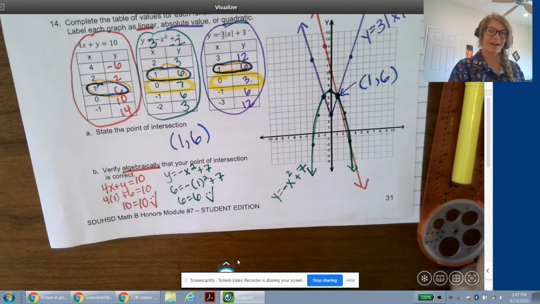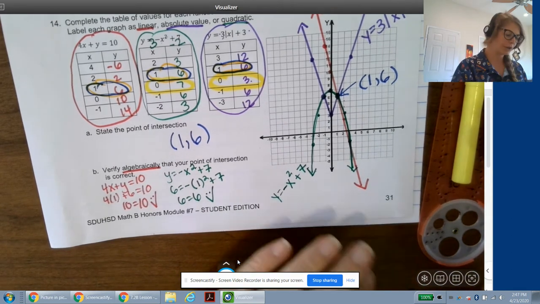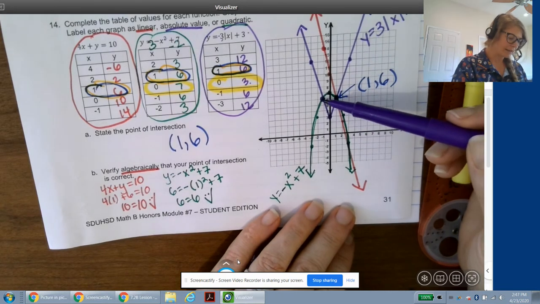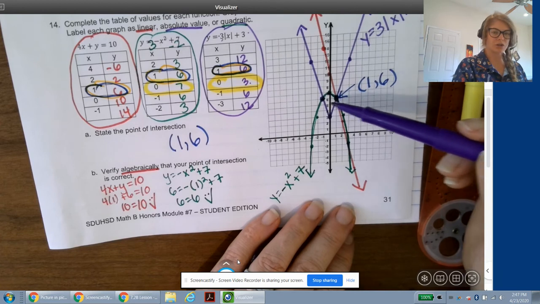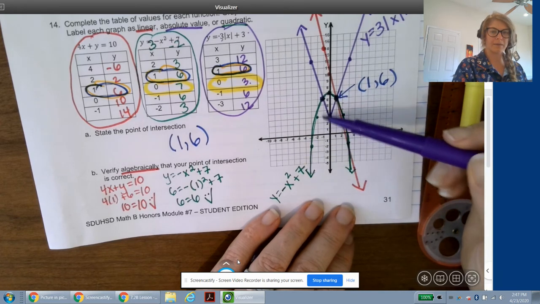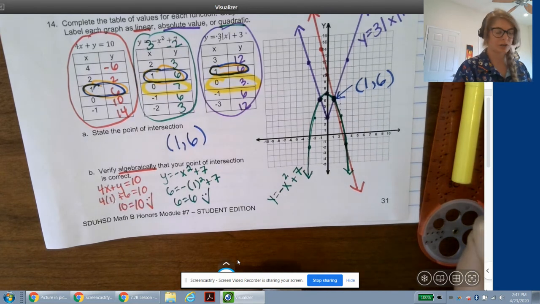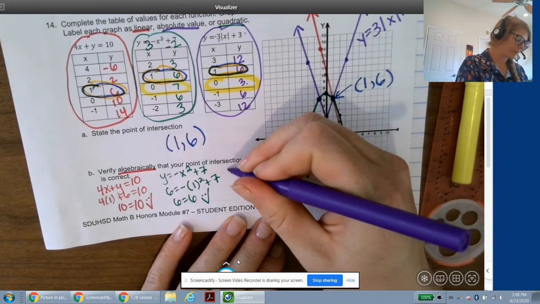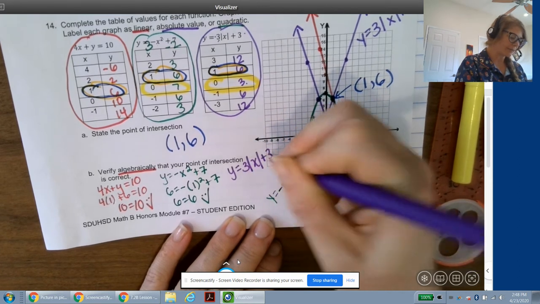Last one we have to check is our absolute value function to verify all 3. Remember, if it only lies on 2, like negative 1, 6, it will only make these 2 functions true, the parabola and my absolute value, but I want a point that lies on all three of my functions here. Super fun. Y equals 3 times the absolute value of x, all plus 3.